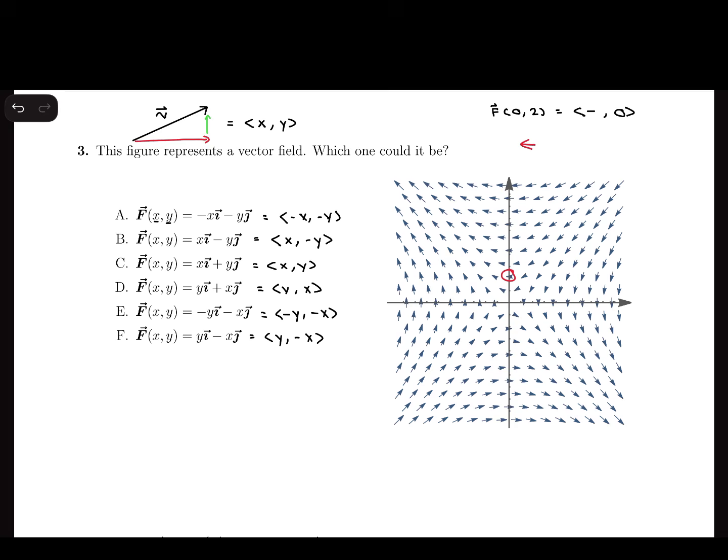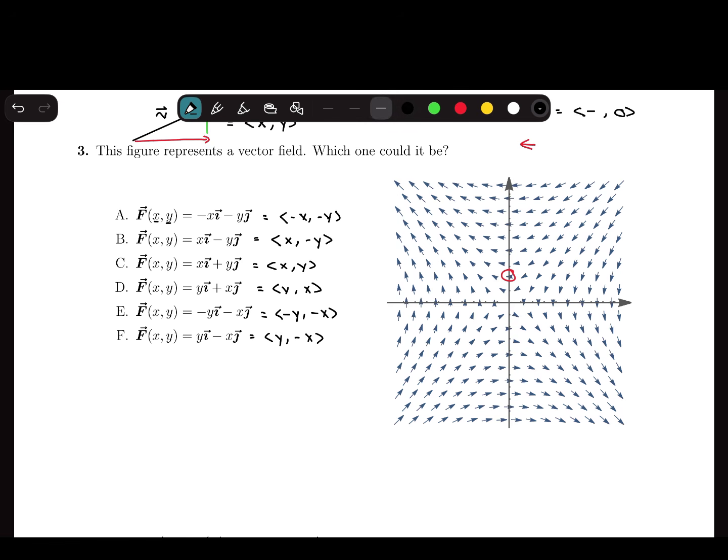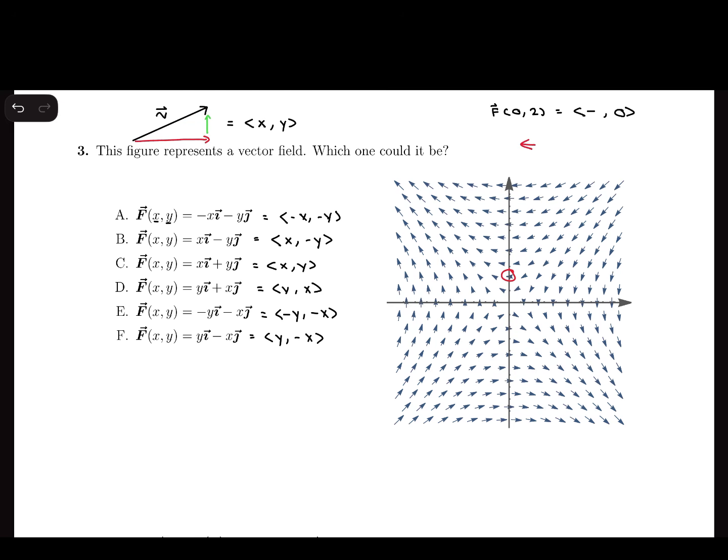So when we plug in this point for all the answer choices, the correct one should match up. Let's look at answer choice A. Answer choice A says f of x, y is equal to the components negative x, negative y. When we plug in at this point, it will be f of 0, 2, and they say that at 0, 2, the vector should be negative x, negative y.